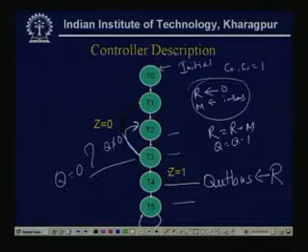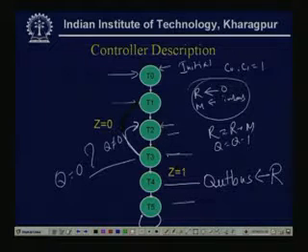Say if the present control state is T0, then in the next clock pulse it will be in T1. The operations assigned at this state will be performed. Then the next clock pulse it will be in T2, and the operations defined in this state will be performed. Then it will be in T3, and parallelly the conditions are checked, that means Z equal to 0 or Z equal to 1.